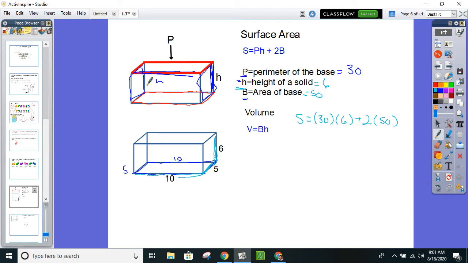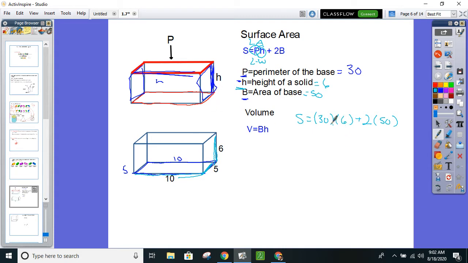When you're doing the perimeter, you're adding all the sides of the faces, and they all have the same height. So you're just doing length times width of all the faces, all at once. We call this the lateral area. We'll talk about that much more later in second semester.